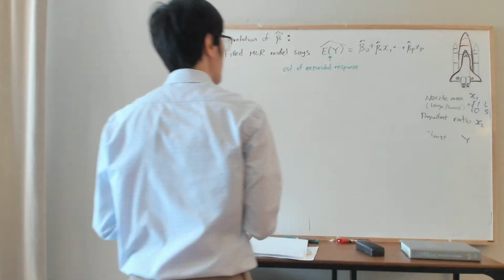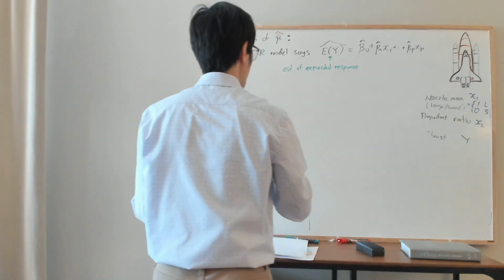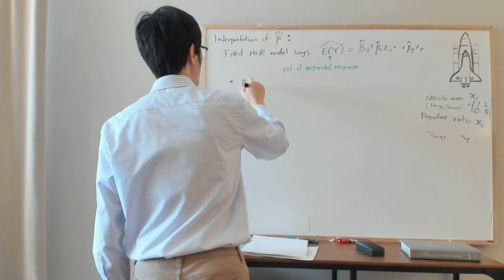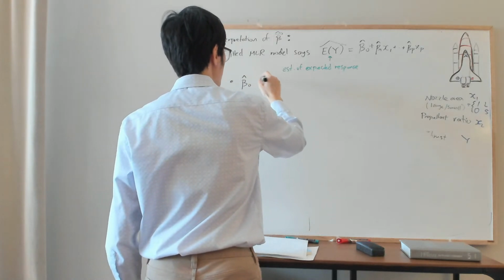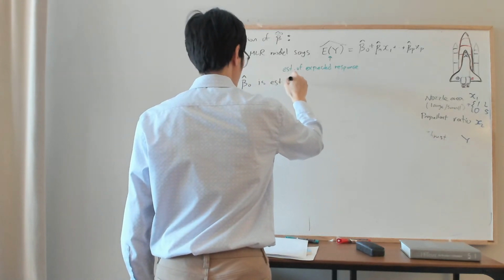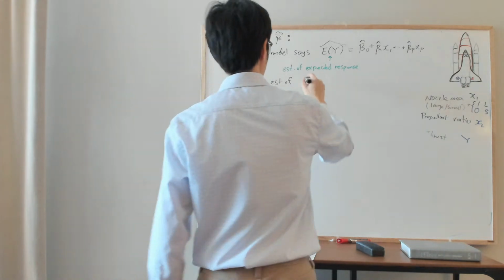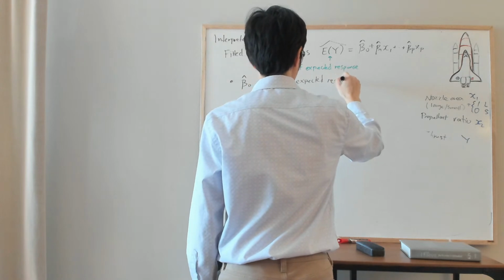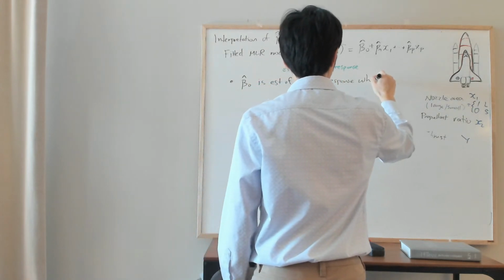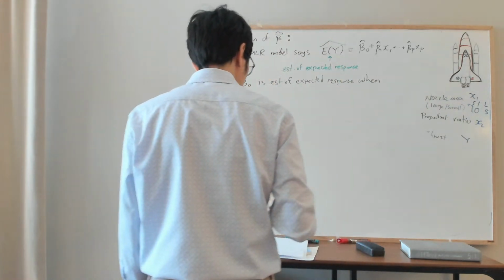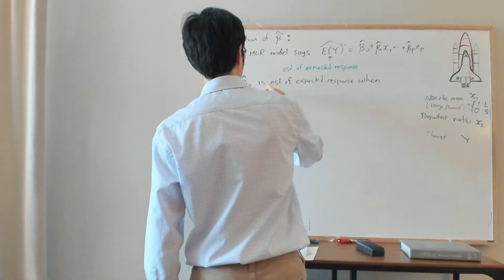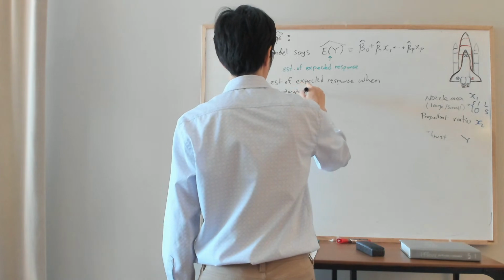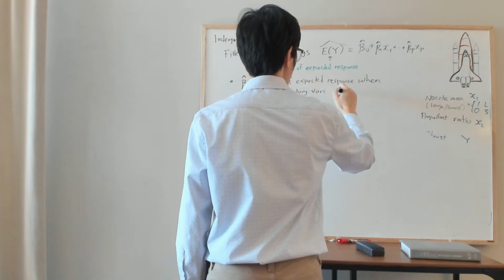But from a modeling point of view, this is what beta 0 hat denotes. So beta 0 hat is the estimate of the expected response when all the explanatory variables are equal to 0.